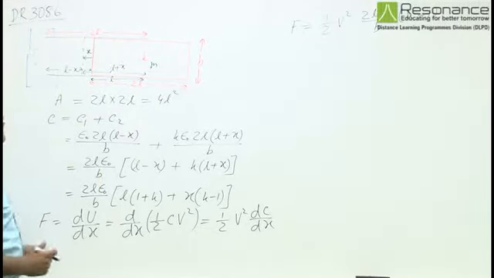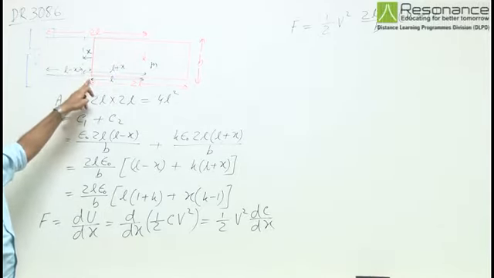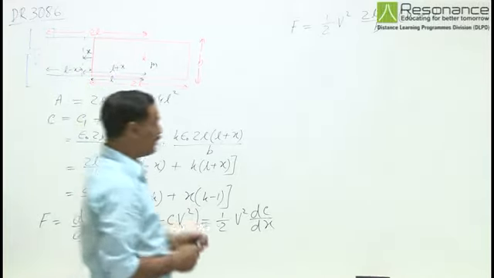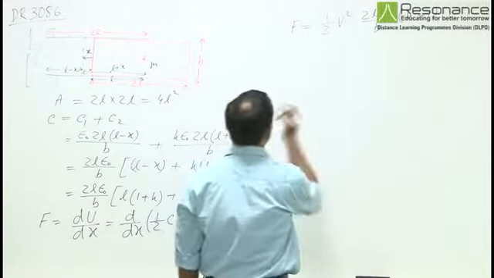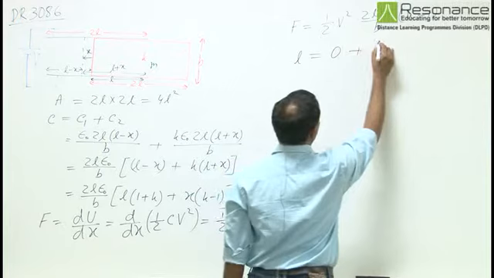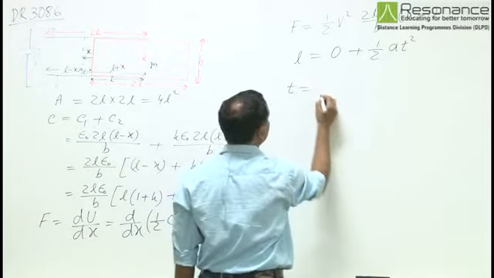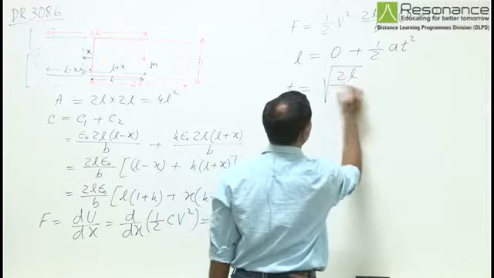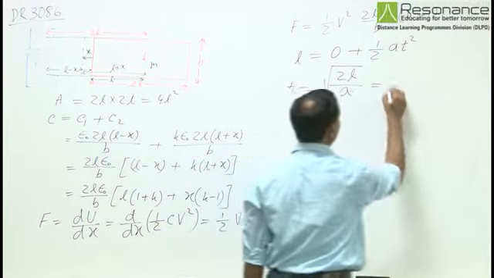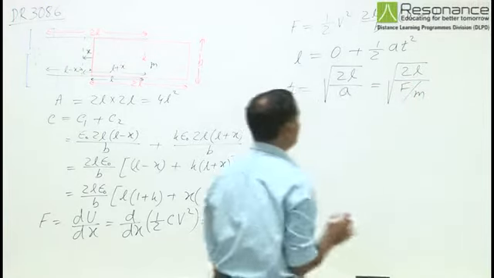So let us assume that the slab takes a time t to travel the distance from L to 2L.